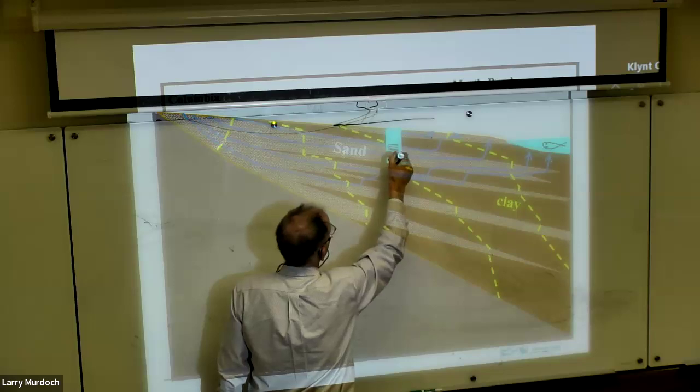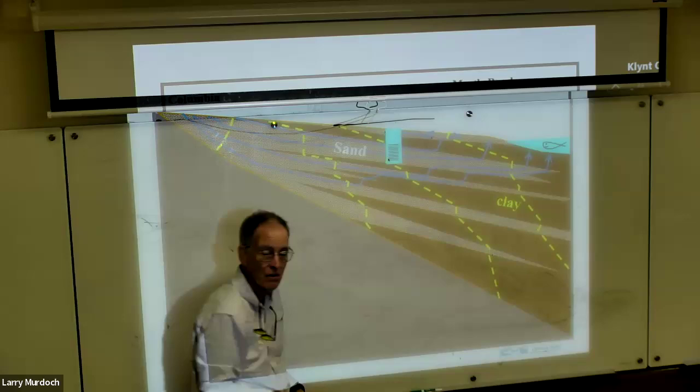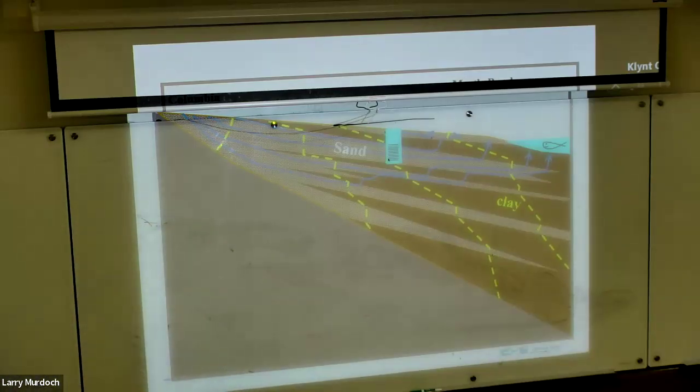That means when you drill this well, the water would rise up to that level. So that means that if you create a well that looks like this and is completed in that confined aquifer, then the water level rises up to there. And if the well's open, it's going to flow on its own. So it wouldn't need to be pumped.